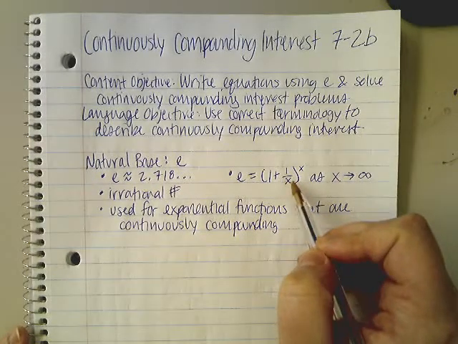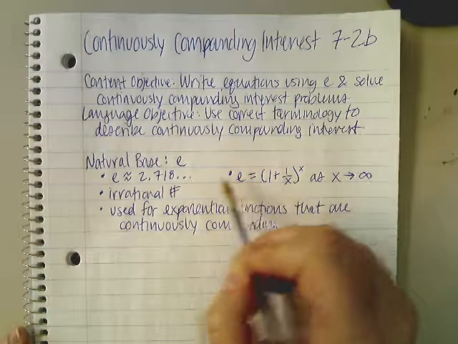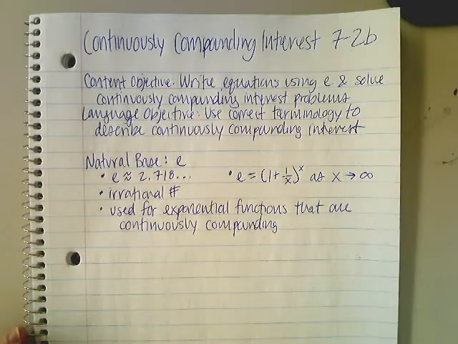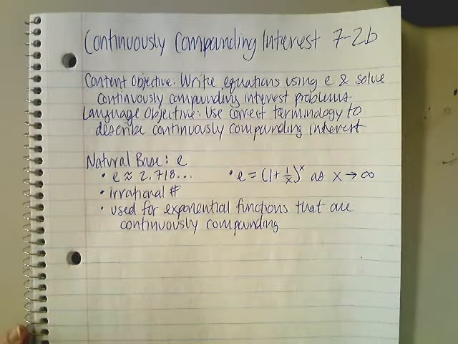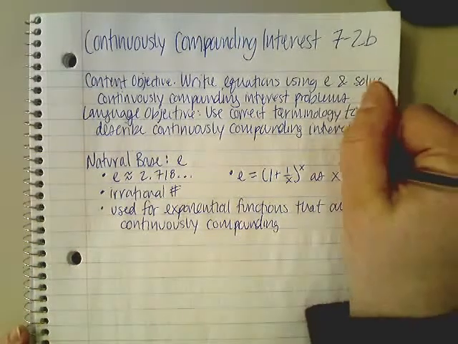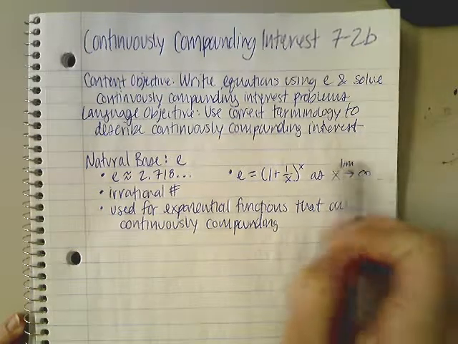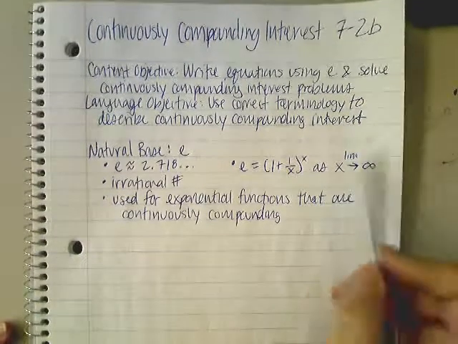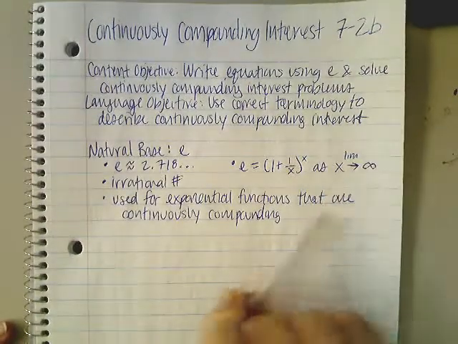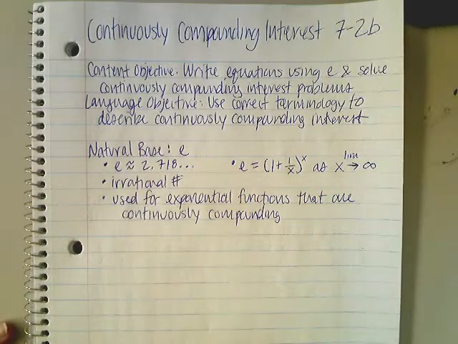As we continue to plug in infinitely larger numbers, E gets closer to the value of 2.718, continuing on. So I'm going to add this in here, the limit. This just means that it's approaching. You'll learn a lot more about limits in pre-calc, but this just means as x goes to infinity, E is going to be that.